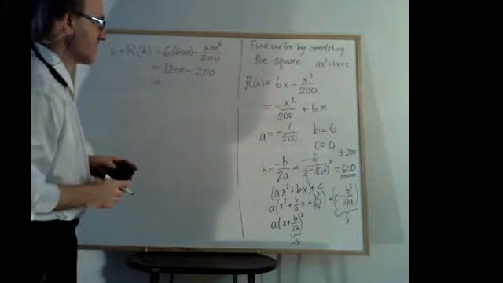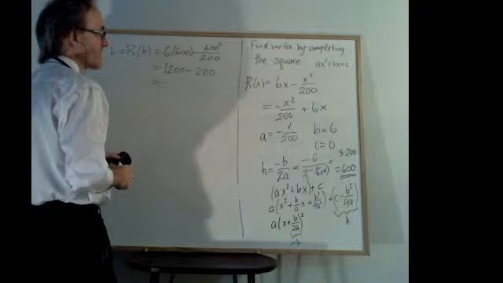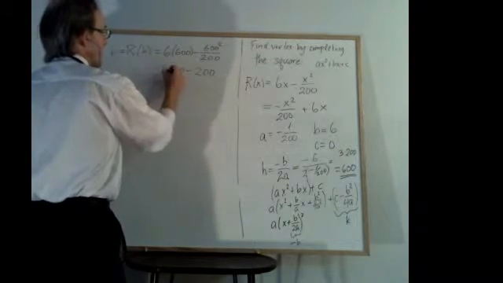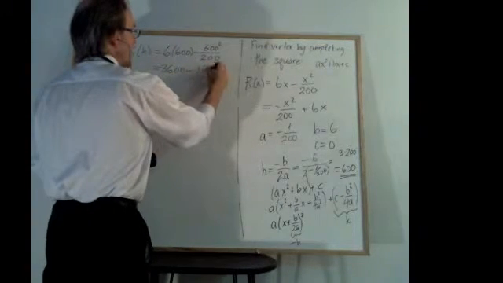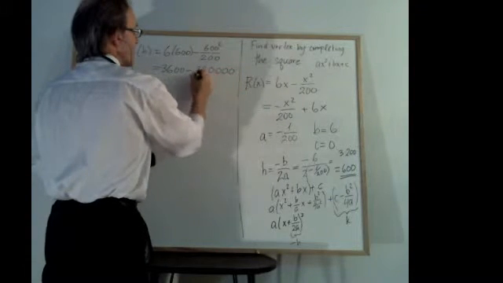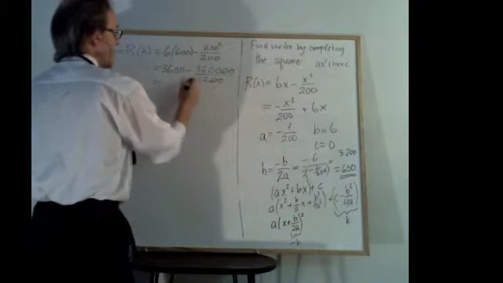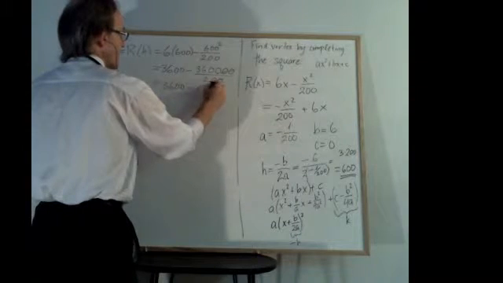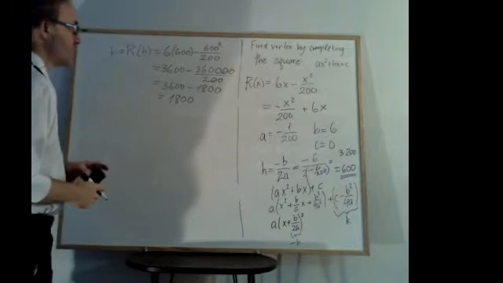H is 600, so it's 6 times 600, and then minus 600 squared over 200. So that's 3600 minus 360,000 over 200. The zeros will cancel, and this will be 3,600 minus 1,800. So it should be 1,800.